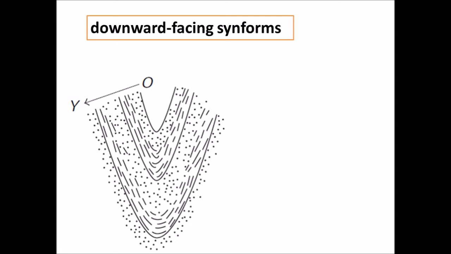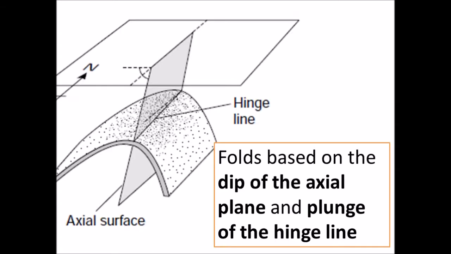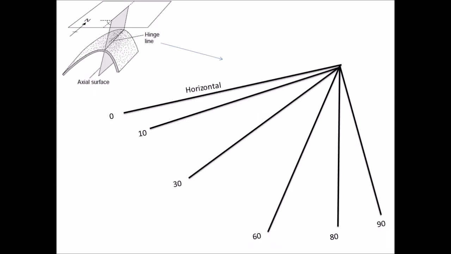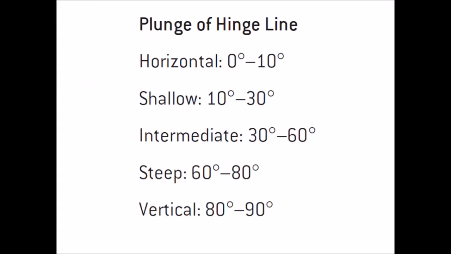So let's see folds based on the dip of the axial plane and plunge of the hinge line. This is how the plunge of a hinge line varies from 0, which is horizontal, to 10 to 30 to 60 to 80 to 90. If the plunge of the hinge line ranges between 0 to 10 degrees, it is known as a horizontal fold.